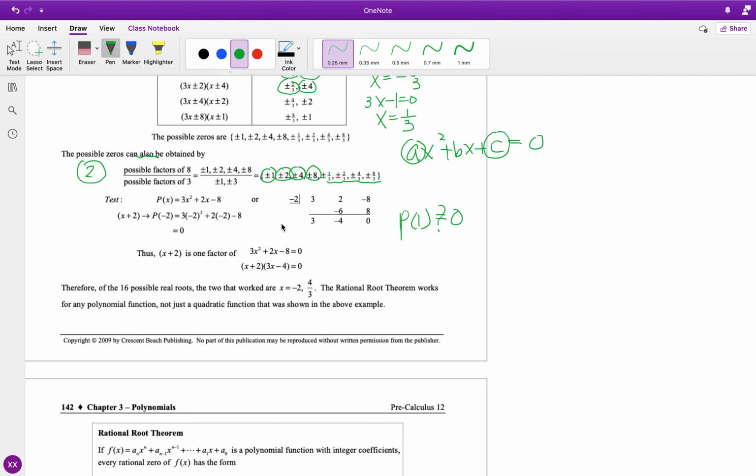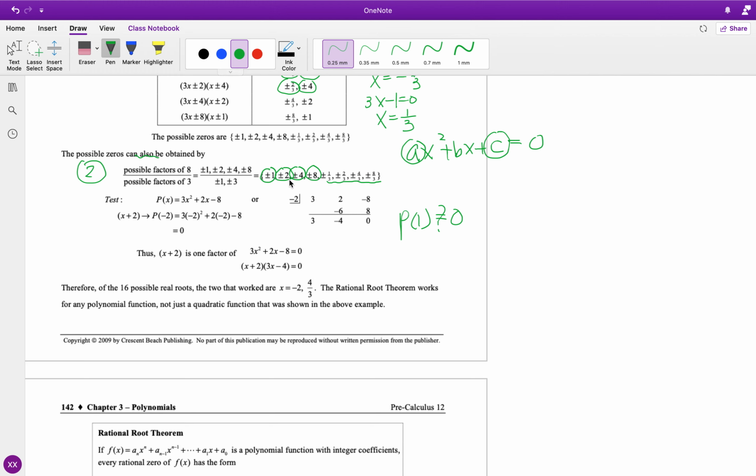Let's try this: this is 3, and this is 2, so 3 plus 2 is 5, and 5 subtract 8 is negative 3, so it's not 0. You try negative 1: this is 3, now this is negative 2, 3 minus 2 is 1, and 1 minus 8 is negative 7. So that is not 0 either.